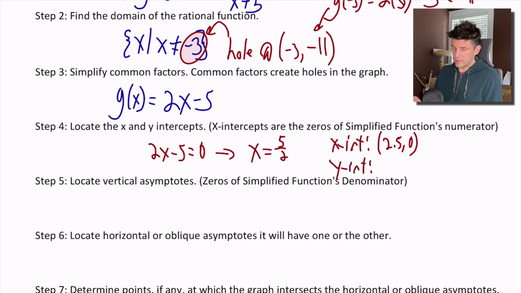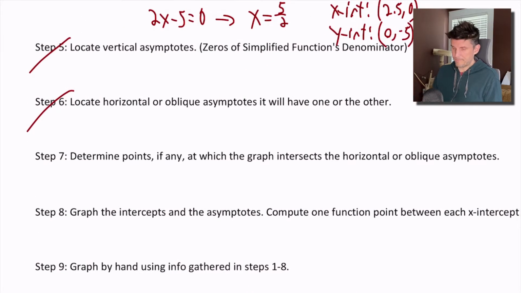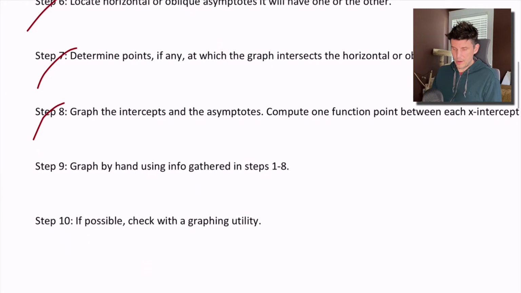Y-intercept, just plug in 0 for x, that's negative 5, or 0 comma negative 5. All right. No vertical asymptotes, no horizontal. Don't worry about step 7. Nope. So graph by hand.